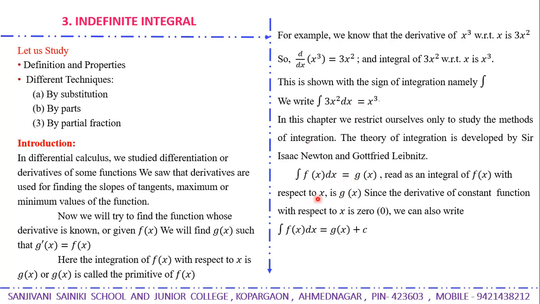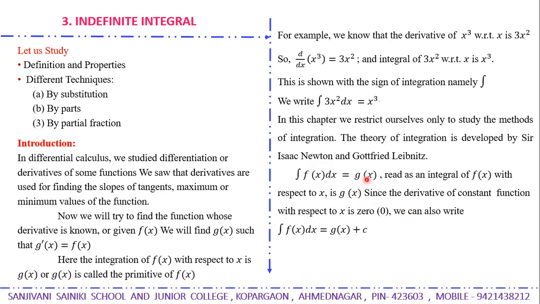Now integration of f of x dx is g of x. How to read it? This is the integration of f of x, or integral of f of x dx is g of x. Now the derivative of a constant with respect to x is 0.